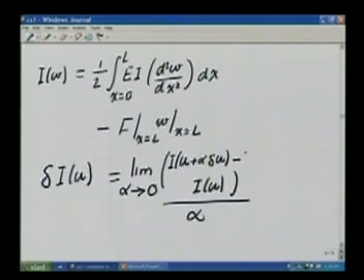So what do I have? Instead of u, now I put u plus alpha delta u into my expression for the functional, evaluate that number, from that subtract the number corresponding to I of u, divide that by alpha, take the limit of alpha going to 0, this is called the variation of I of u.